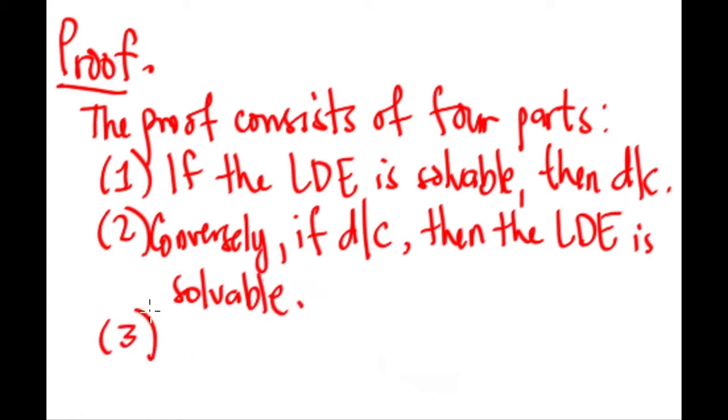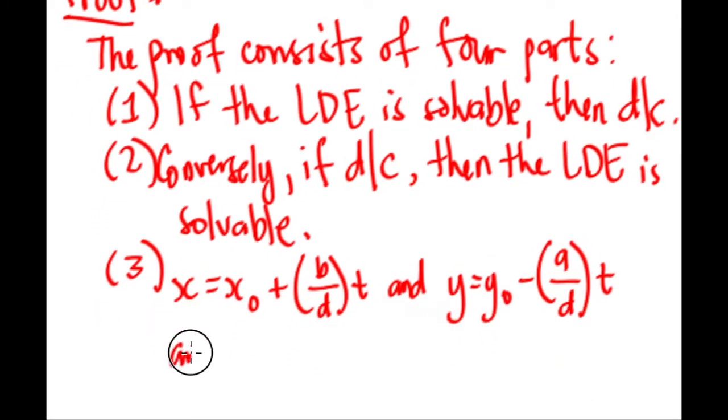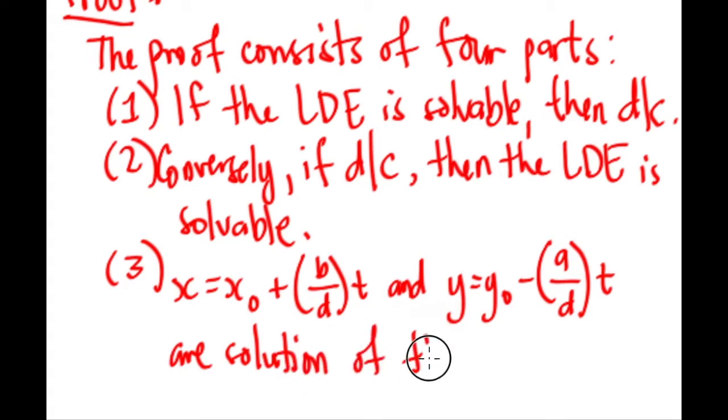Number three, what will be the third part? We have the equations there, and we want to prove that they are indeed solutions of the LDE. So we say that X equals X sub 0 plus B over D times T, and Y equals Y sub 0 minus A over D times T, are indeed solutions of the LDE.